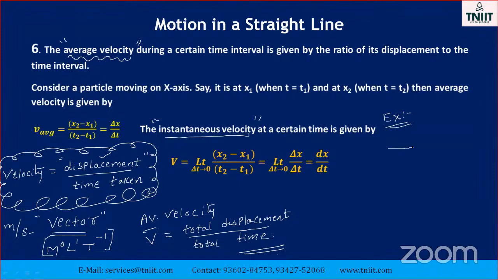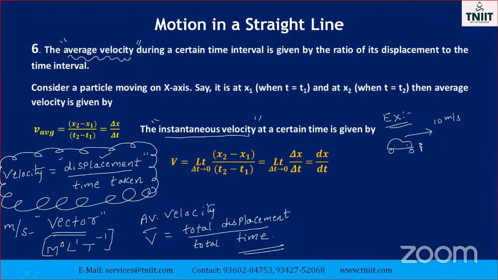Now, there is a car moving in the traffic. Could you expect the car to move with a uniform speed of 10 meters per second all the time? No, not possible.